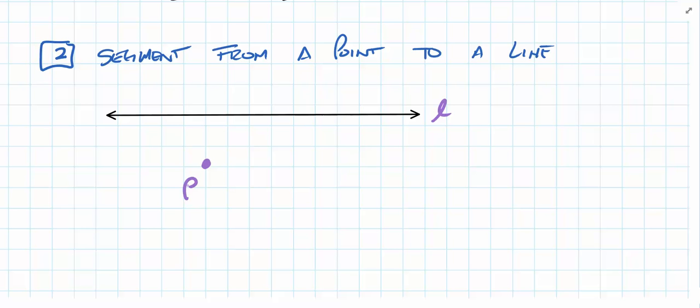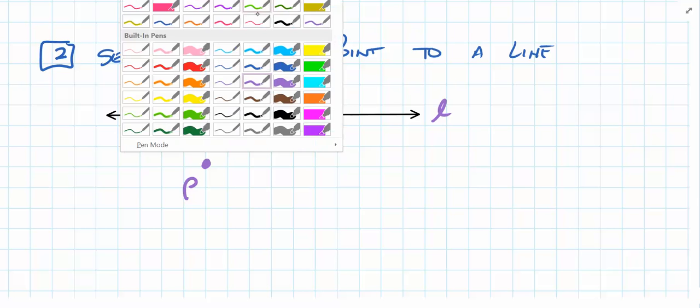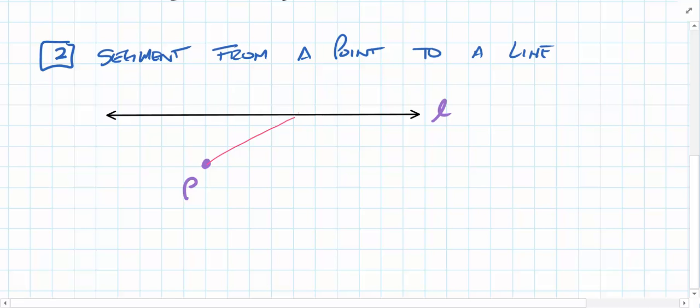The question is, what's the shortest distance from that line to that point? It's definitely going to be straight, but here's the problem with the word straight. Perpendicular. There you go. You've actually figured it out. That is straight, but that's not what we want. This is what we want. Turns out that is the shortest distance from that point to the line.